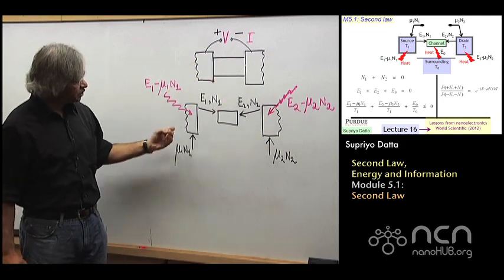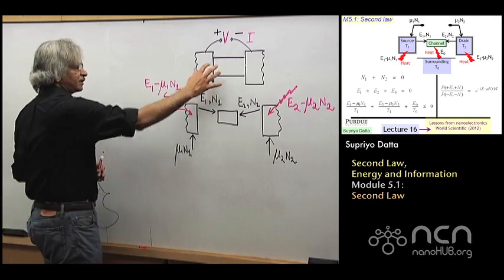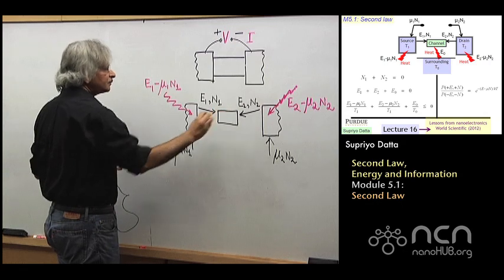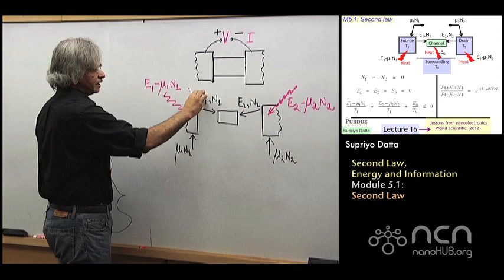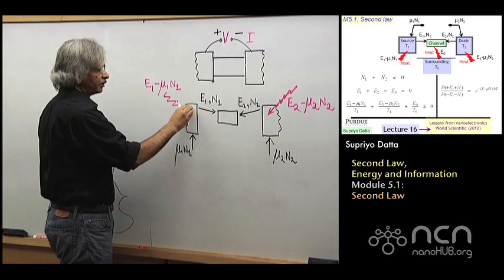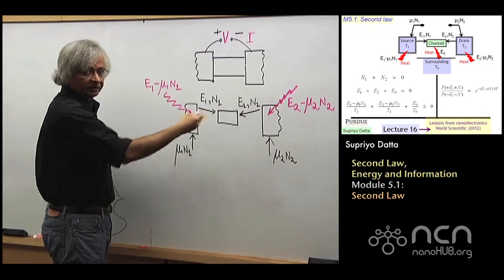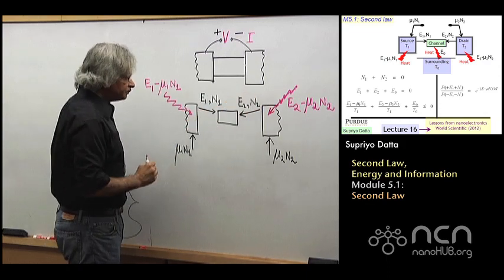Okay? And the picture that one could draw, here I've taken our usual structure and dissected it. So here's the channel. And we say that when an electron comes in, let's say it takes some amount of energy E1 from this contact, and N1 is the number of electrons coming in. And from this contact, I write E2, N2.